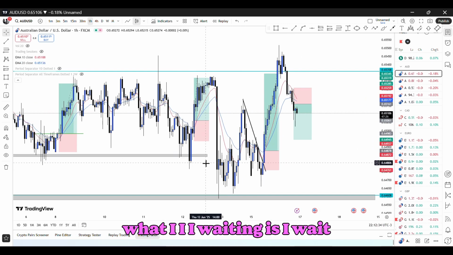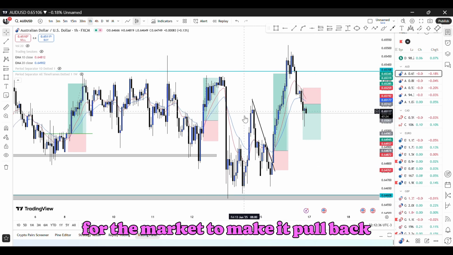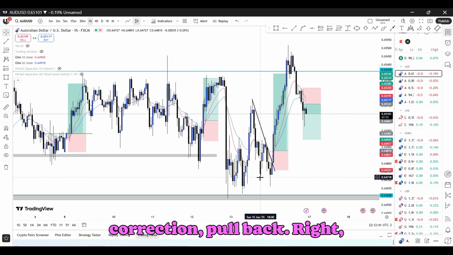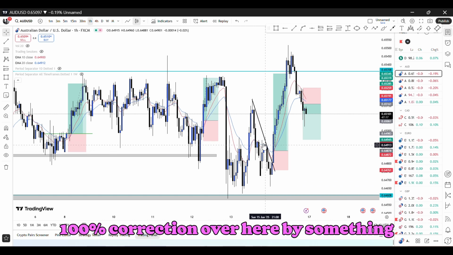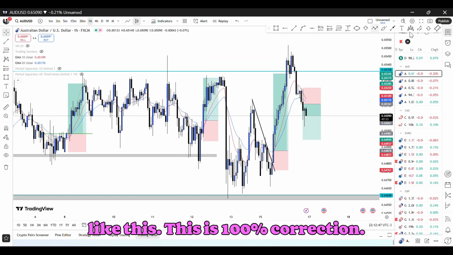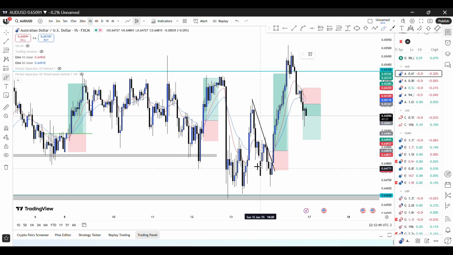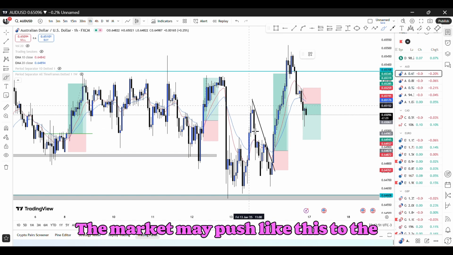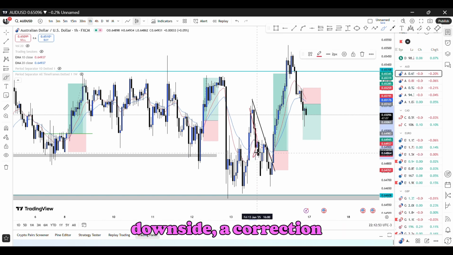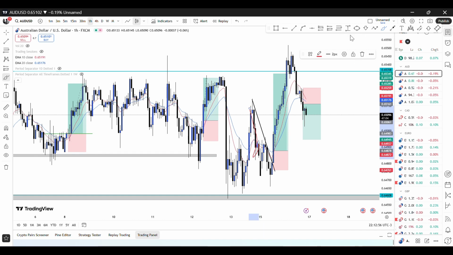So what I waited for is the market to make its pullback correction, a 100% correction over here. Something like this. The market made a push like this to the downside, a correction, not that much.